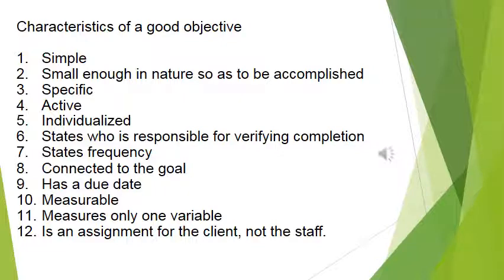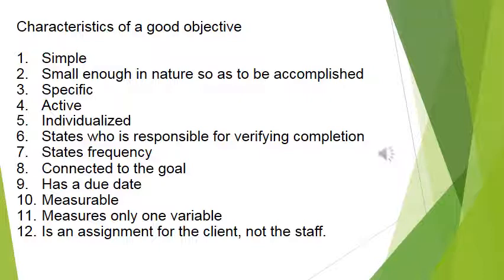The characteristic of a good objective is that it's simple, and it's small enough in nature so that it can be easily accomplished. It's specific. When you're using an electronic health record, the treatment plan or service plan that the electronic health record provides you generates goal and objective areas.